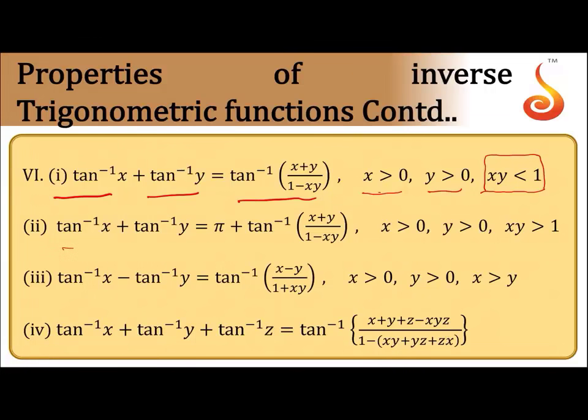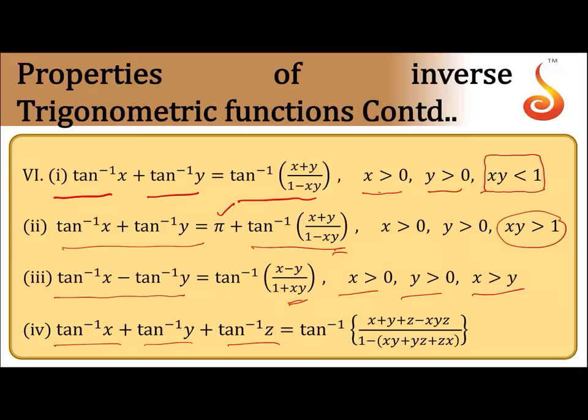The same formula will not be directly tan inverse when xy is greater than 1; you have to add pi: pi plus tan inverse of x plus y by 1 minus xy. In the same lines, tan inverse x minus tan inverse y equals tan inverse of x minus y by 1 plus xy when x is greater than 0, y greater than 0, and x is greater than y.